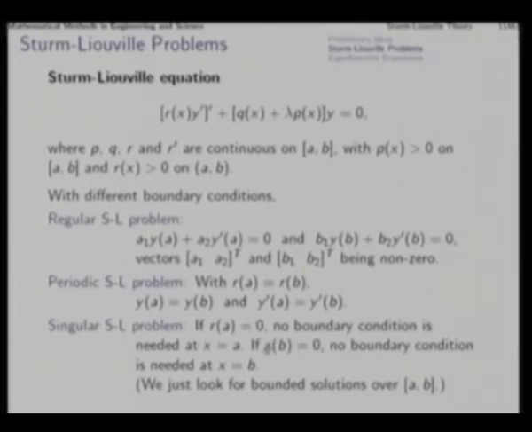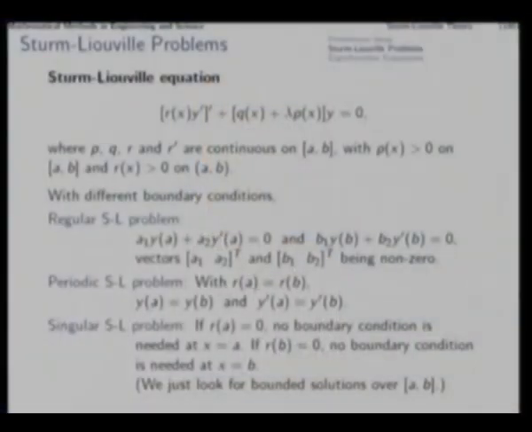Similarly, if R B is 0, then at that boundary at x equal to b we will not need a boundary condition, and in that case while solving this boundary value problem we will just look for bounded solutions over a b, that is solutions y of x we will look for in this interval which are bounded functions of x, that is which are continuous and bounded, do not get undefined. That kind of a solution we will just look for over the interval.